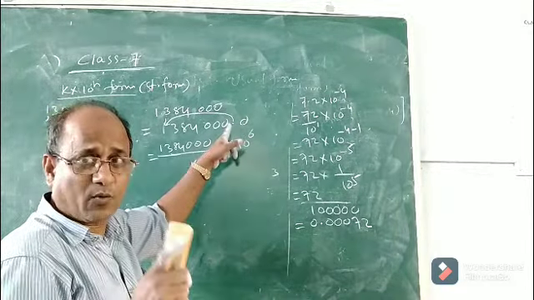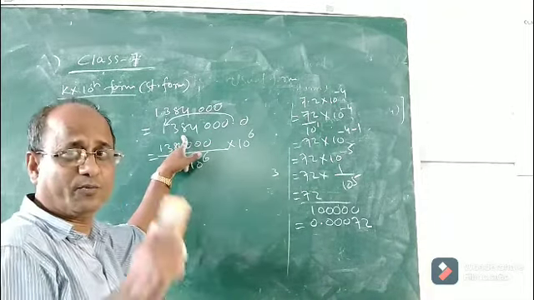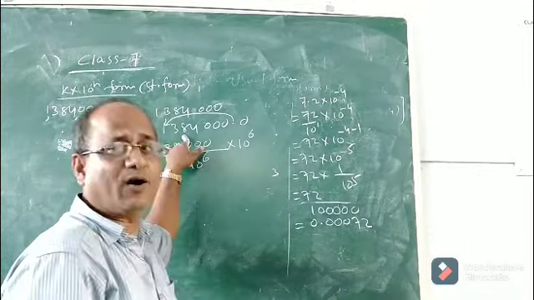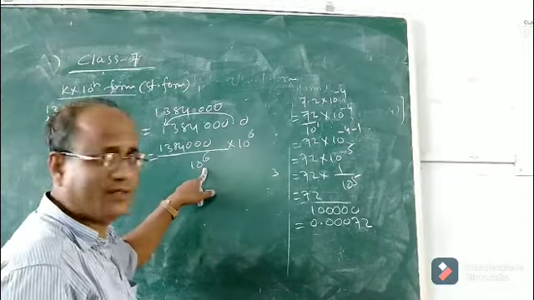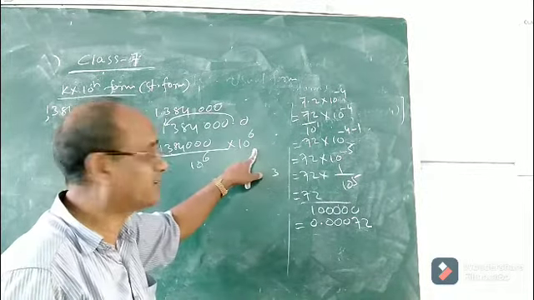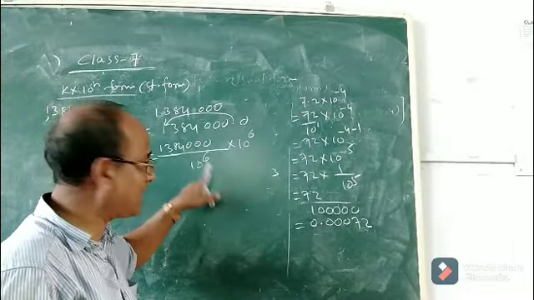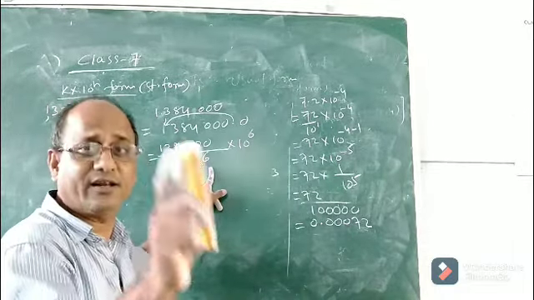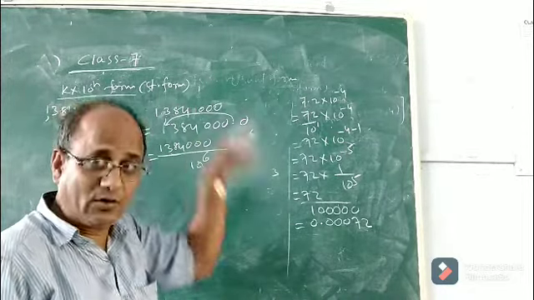So, when the point gets shifted from right to left, in order to bring it into the form of standard form or k into 10 to the power n, I have said that you keep this denominator silent or constant. Just multiply this one. That means this one is to be multiplied here and this will be kept silent. The reason is because you are shifting the point from right to left.